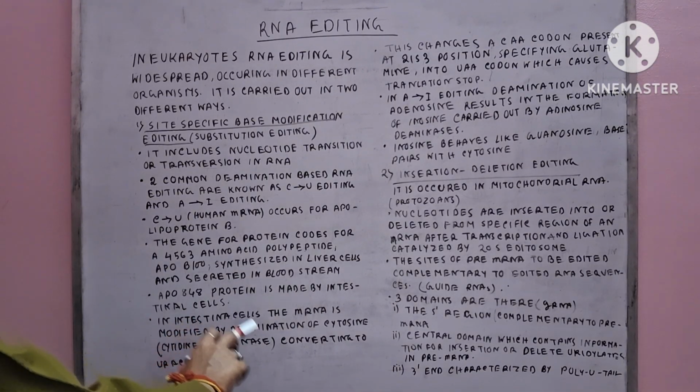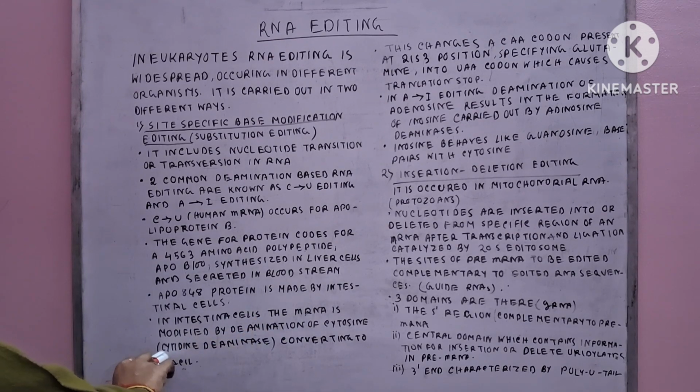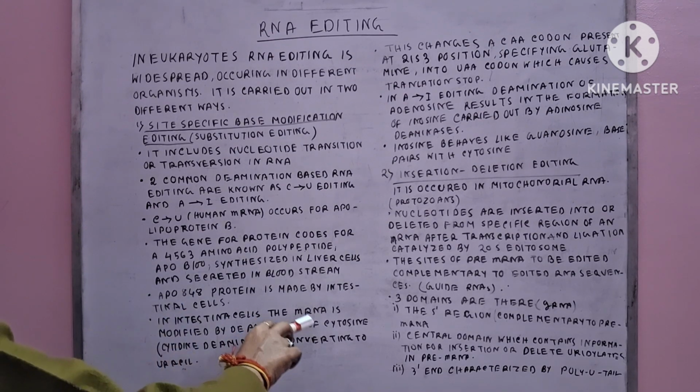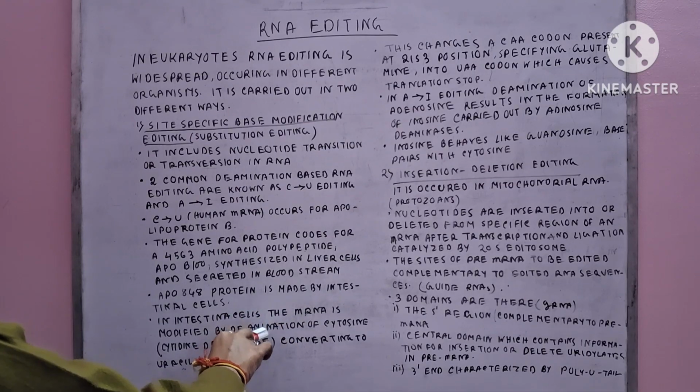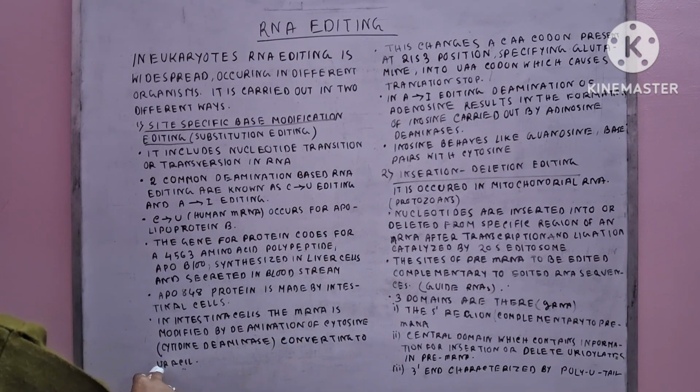The process is deamination, but the enzyme is cytidine deaminase. And here the deamination occurs of what? The deamination occurs of the cytosine, and that cytosine is converted to uracil.